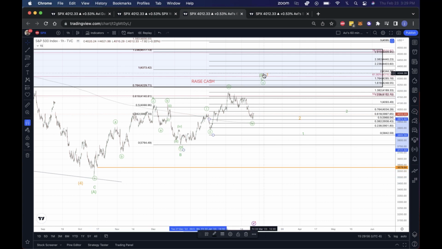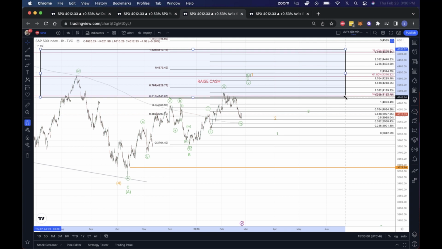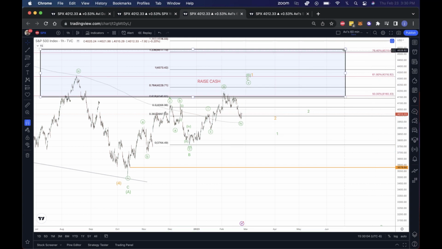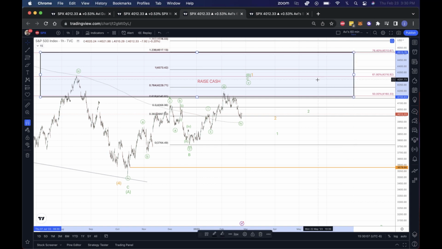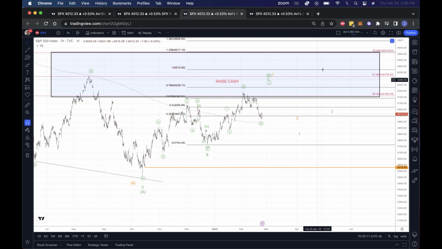So again, what we were looking for was a bigger ABC up to resistance in the 0.500 to 0.764 retracement. That's what we typically look for a B wave, but again, B waves are quite variable.